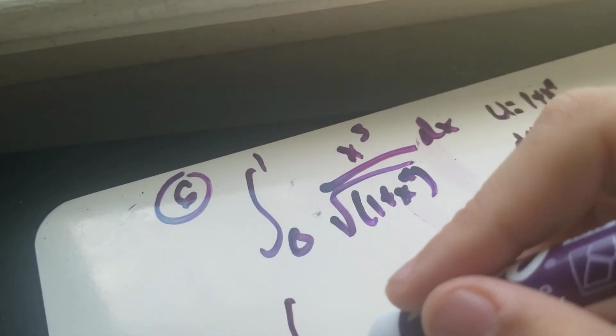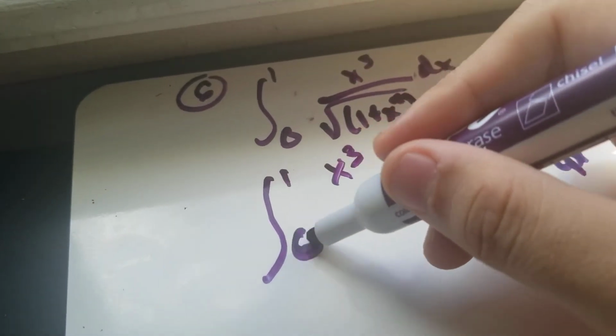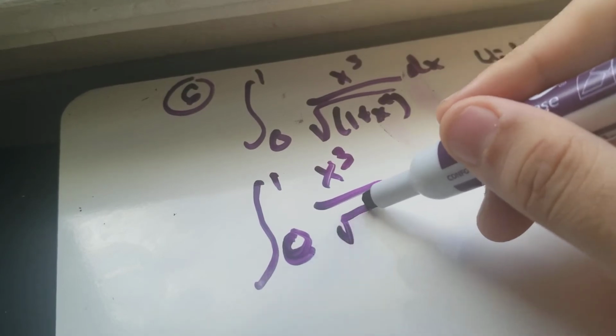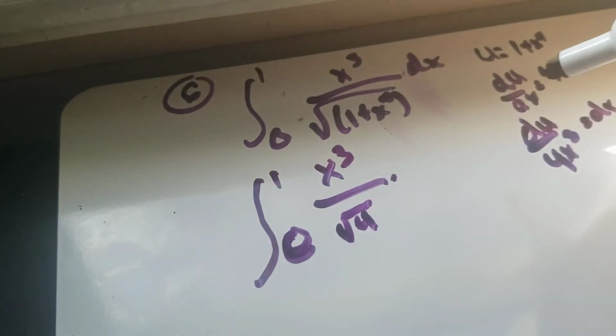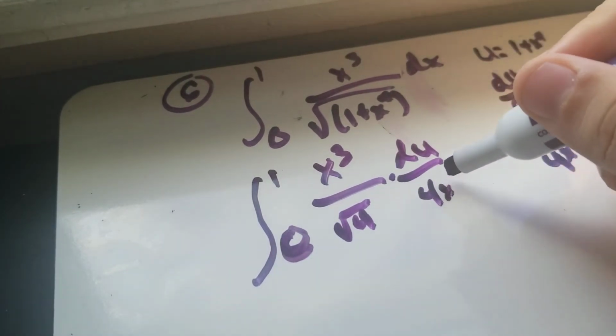Okay, so let's do our substitutions. So from 1 to 0, x cubed over the square root of u times du over 4x to the 3rd.